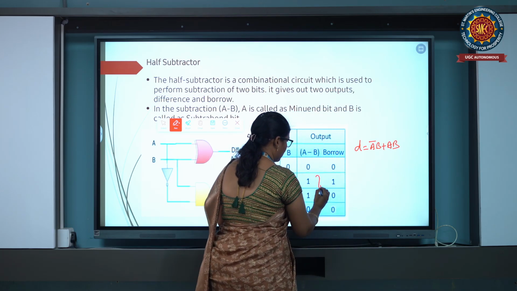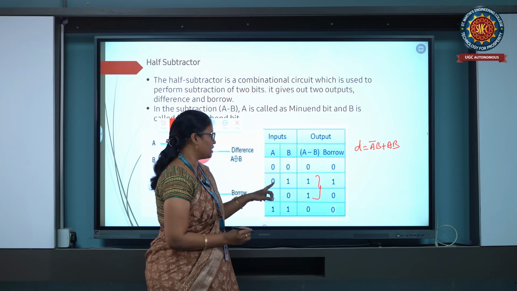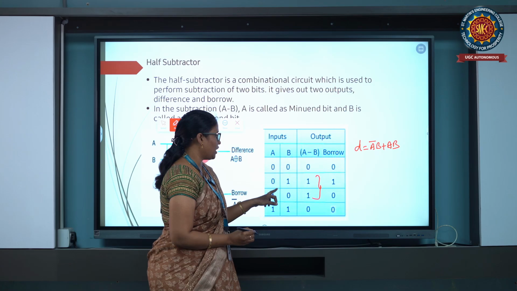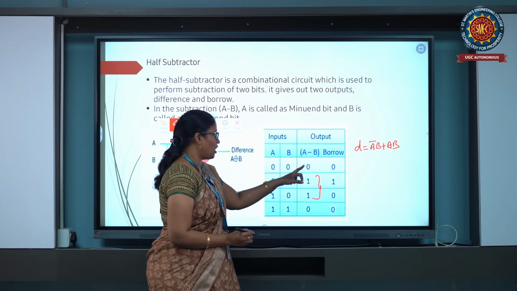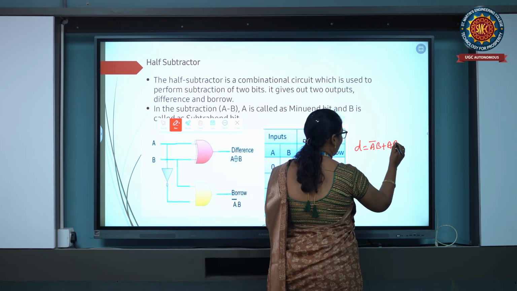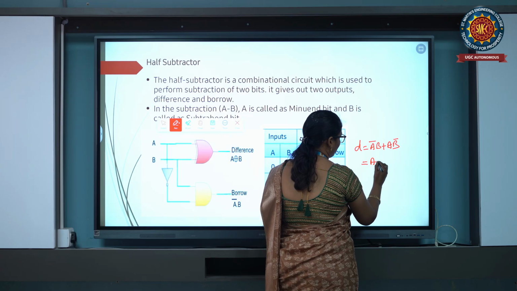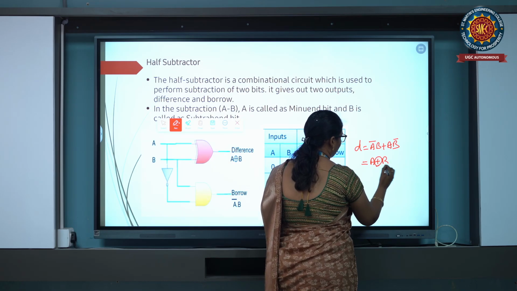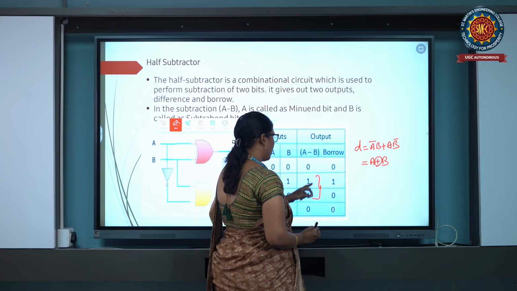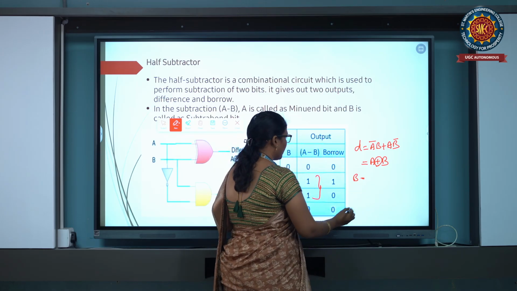If you consider this expression, in a half adder also we got ones at this point only. When any one of the inputs is high, the output we got is high. This is nothing but A bar B plus A B bar, which is nothing but XOR operation of the input variables. From this we can write the borrow expression as A bar B.